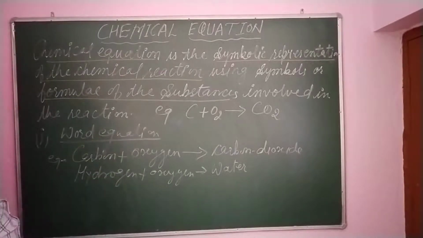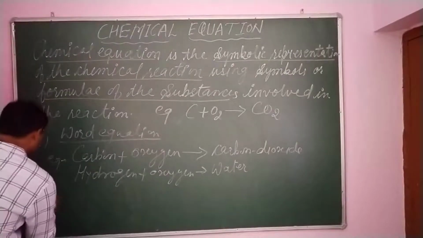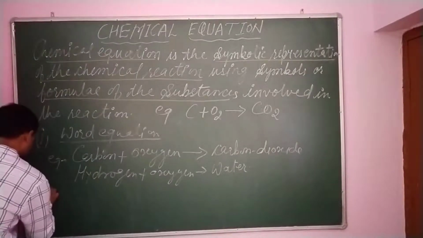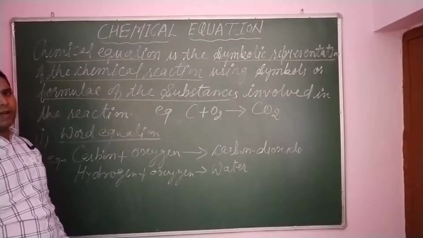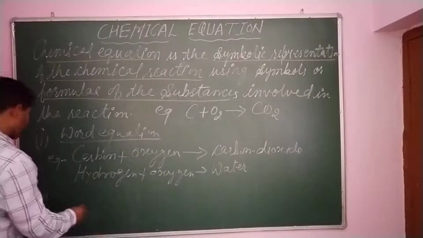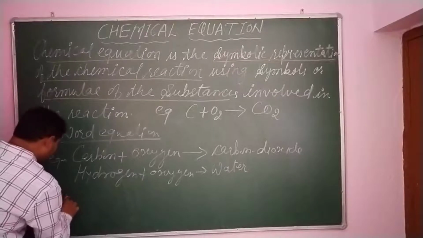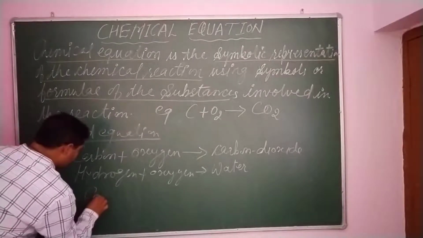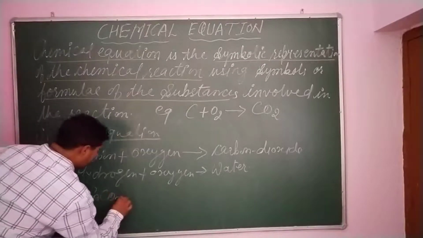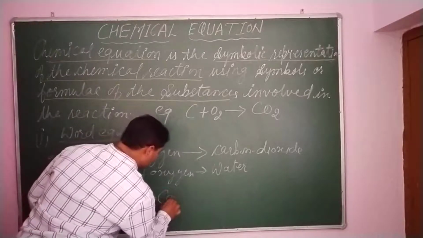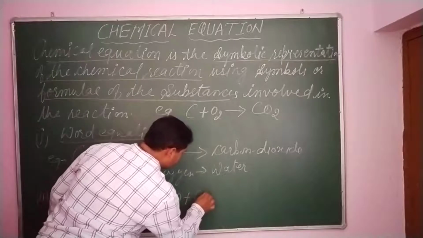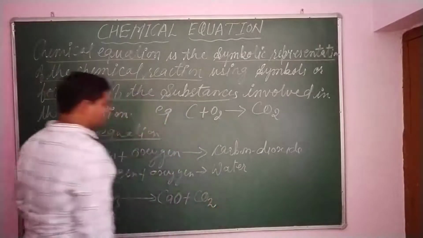Whereas in the chemical equation, it is represented by symbols and formula. So, for example, calcium carbonate decomposes and forms calcium oxide plus carbon dioxide.